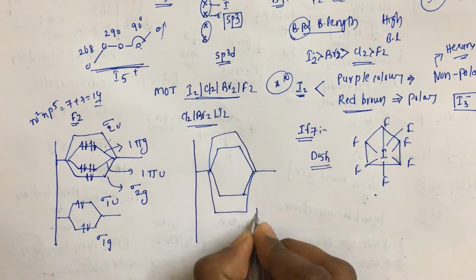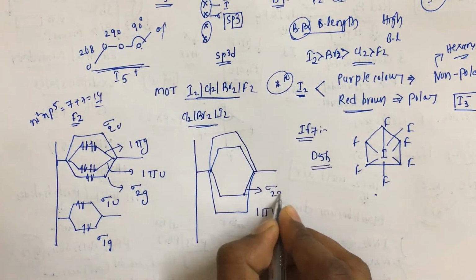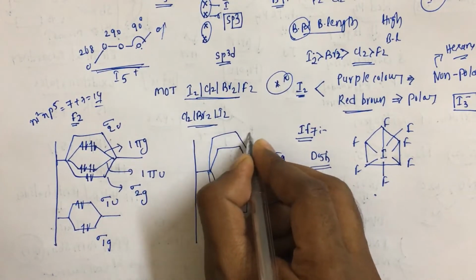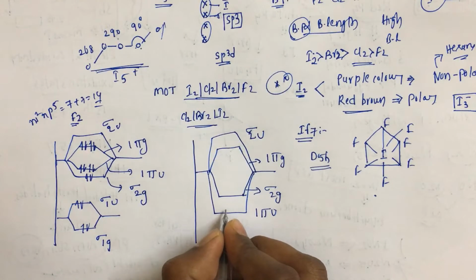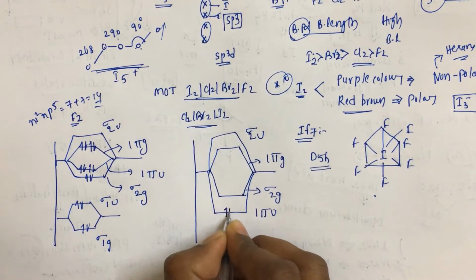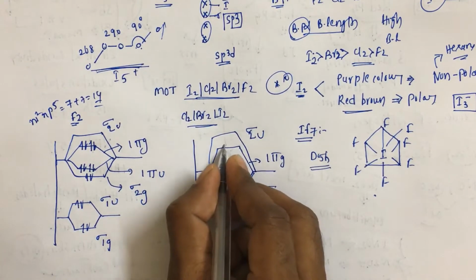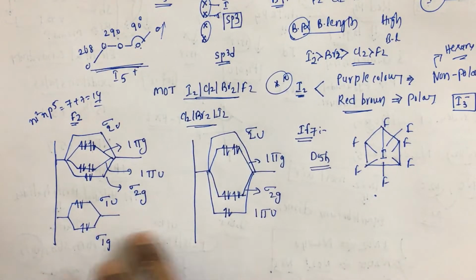Here we have 1 pi u, sigma 2g, 1 pi g, and 2 sigma u, and here we have 10 electrons. And this orbital I did not write here.